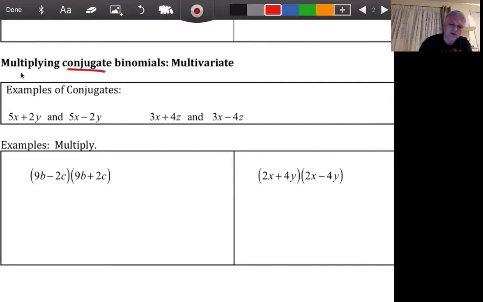So we got conjugate binomials, but notice that we have x and z, we have x and y. So we got multiple variables. That just means we're going to do the same stuff. It's just that we're going to multiply x's and y's. Well, just remember this. A times B is AB.